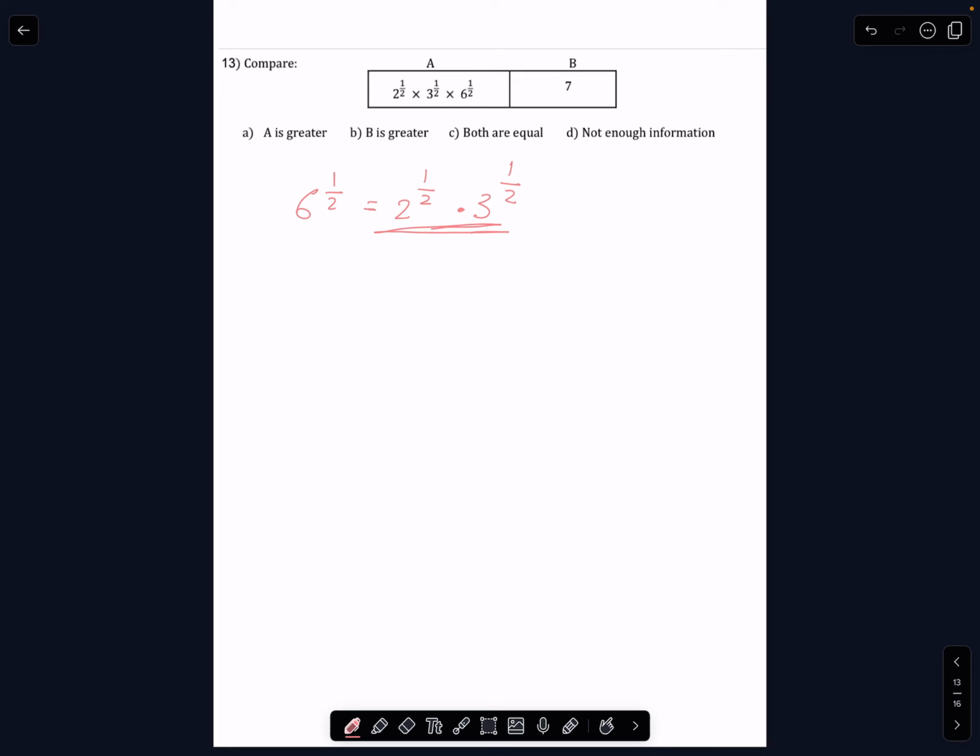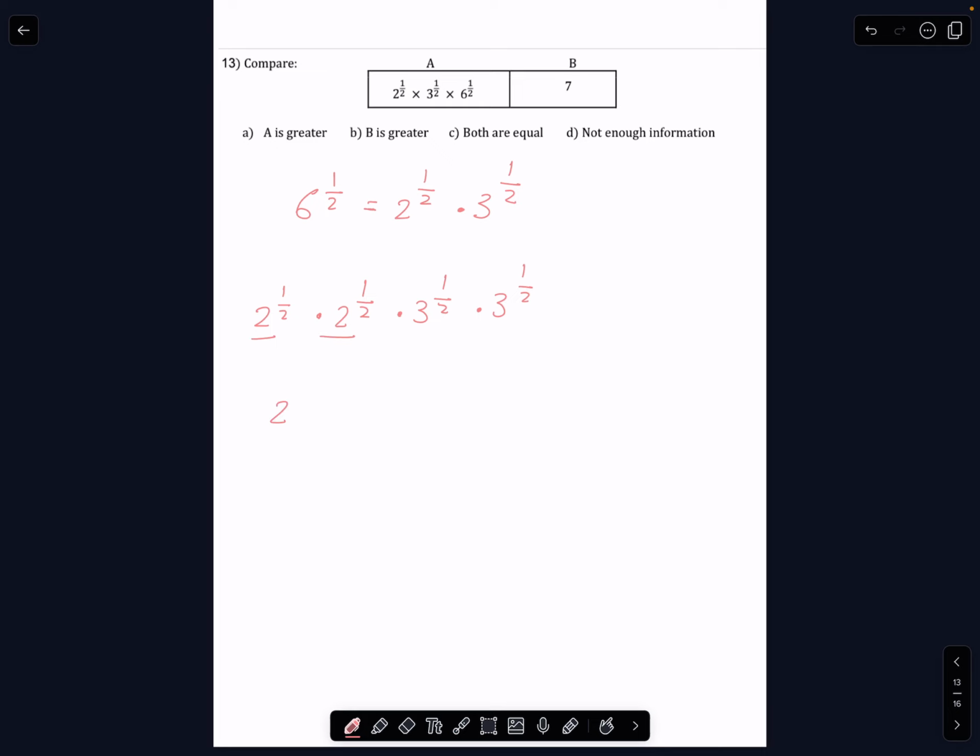And so what we're going to do is write this down as 2 to the power 1 over 2 multiplied by 2 to the power 1 over 2, multiplied by 3 to the power 1 over 2 multiplied by 3 to the power 1 over 2. And when you have multiplication of like terms, you can add the power.